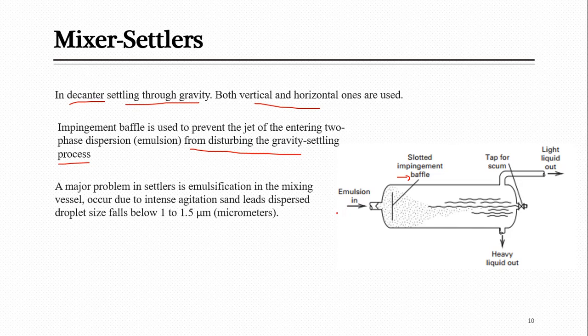Sometimes the emulsion is very strong. A major problem here is that emulsion in the mixing vessel occurs due to intense agitation. You know that with the help of the rotor, those blades, you go for intense agitation. If this mixing is too vigorous, it leads to a dispersed droplet size below 1 to 1.5 micrometer, and in this case a very strong emulsion is formed, and you have to give too much time, and sometimes even with time you can't settle these into two separate phases.